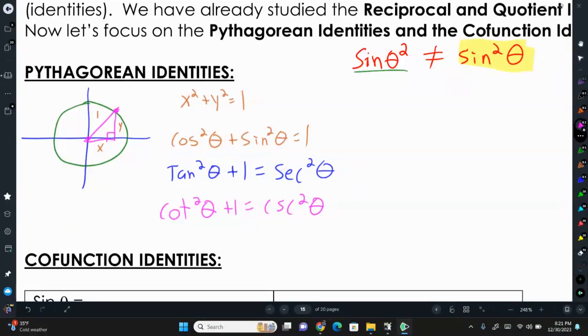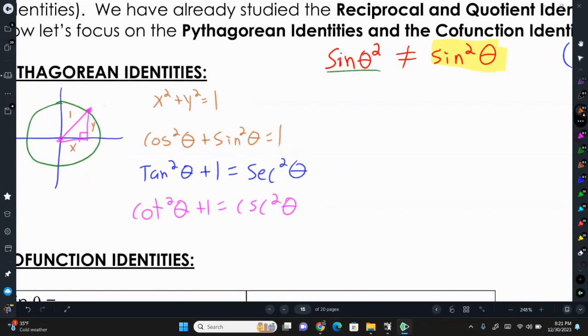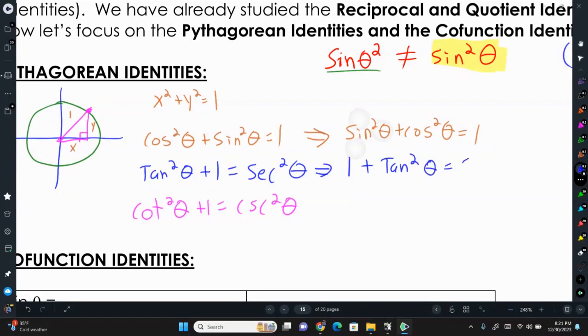Because the order doesn't matter for addition, you could rewrite these in either order. This one is just switching the order of the addition here: 1 plus tangent squared theta equals secant squared theta.